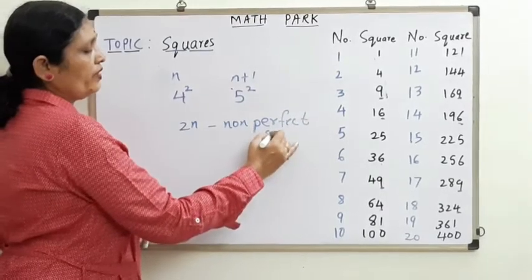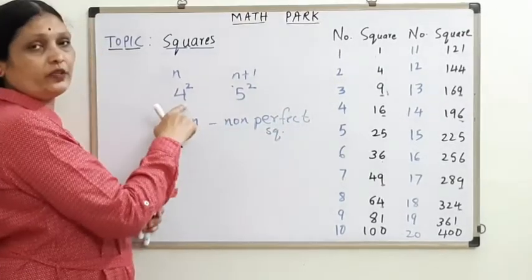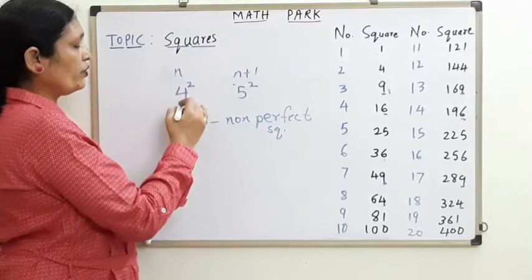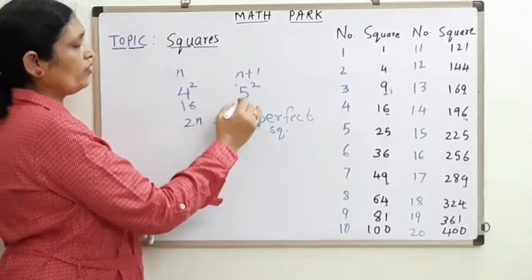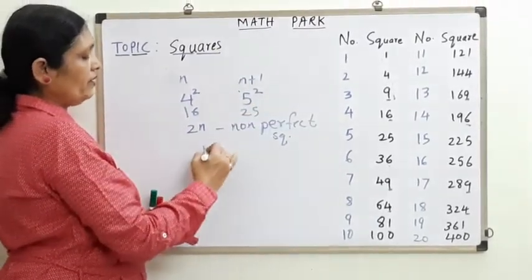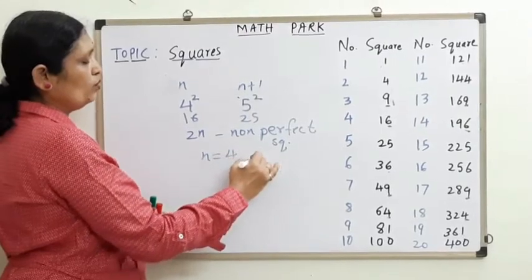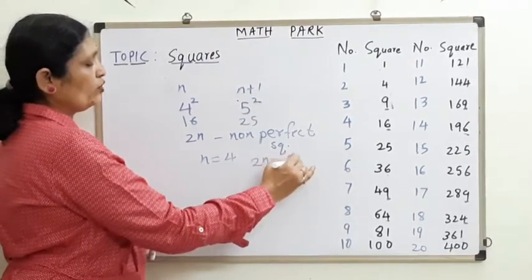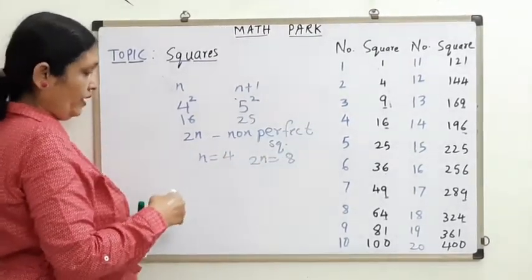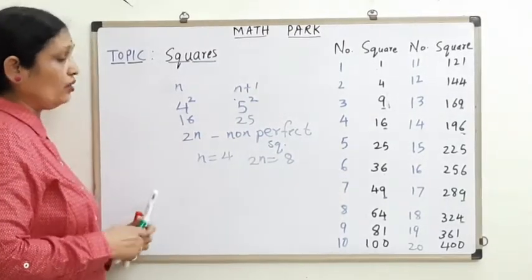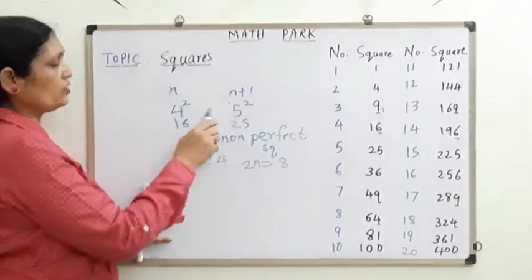Square of 4 is 16, square of 5 is 25. My n here is 4, so my 2n is 2 into 4, which is 8. So there will definitely be 8 non-perfect squares between the squares of 4 and 5.